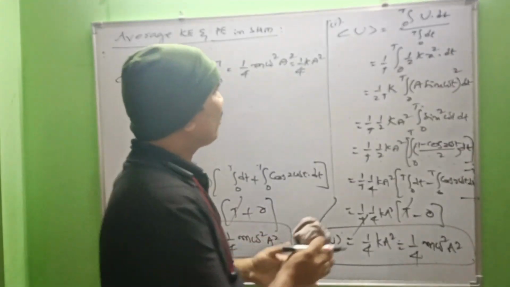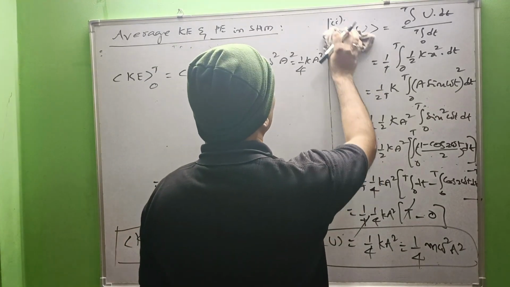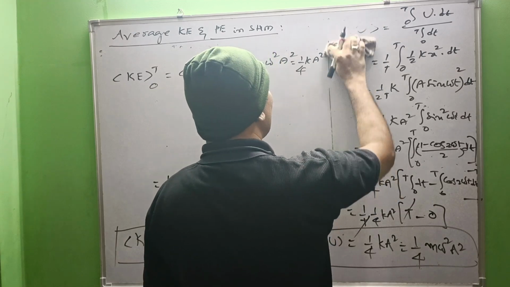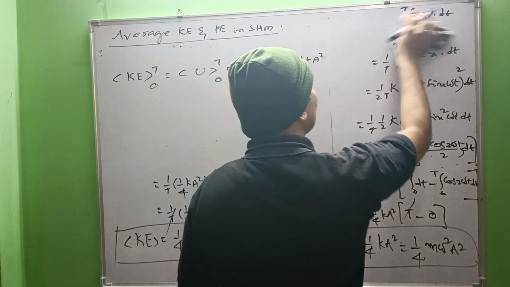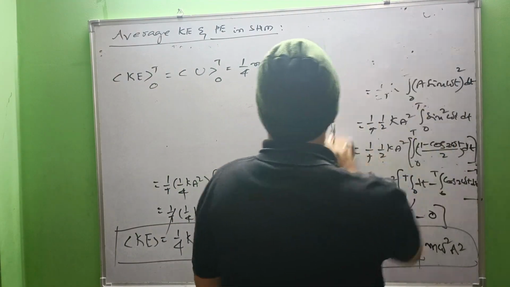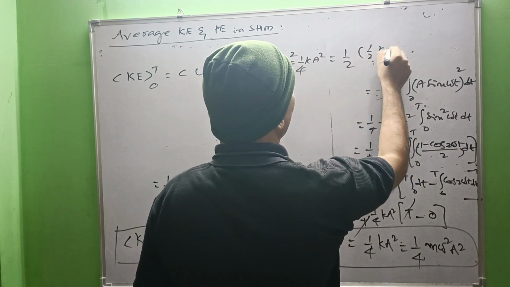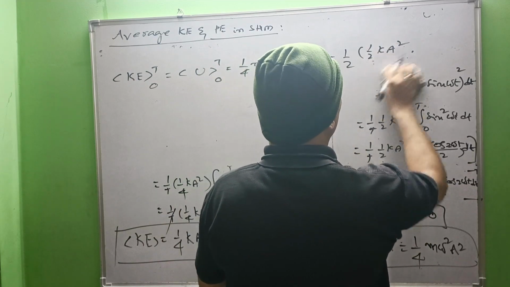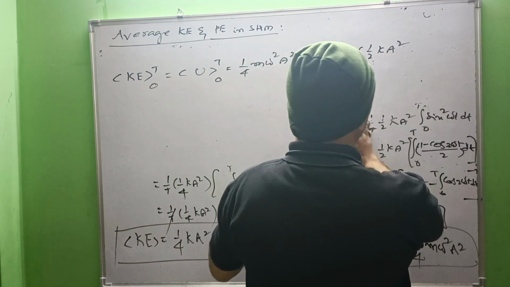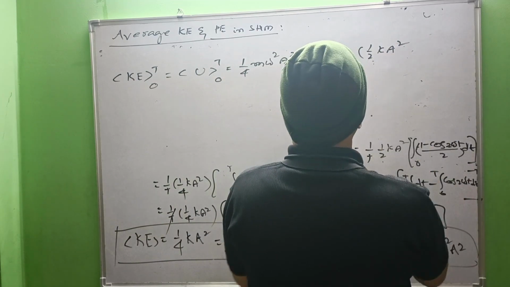What is the total mechanical energy? That is 1/2 k a square, or 1/2 m omega square a square.